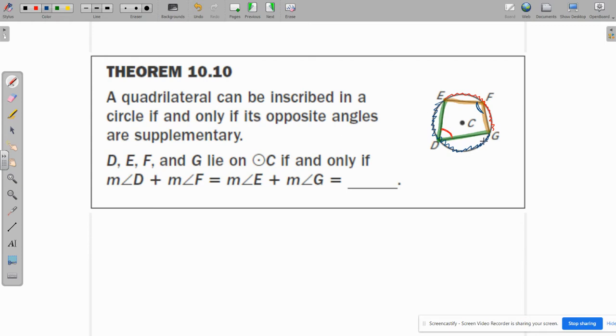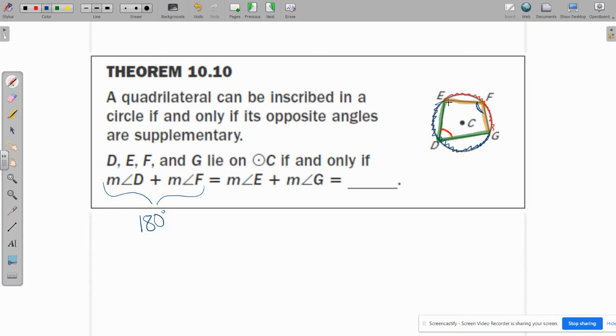arc's measure. Both of these arcs together are 360 degrees. So that means that these two angle measures together should be equal to half of that, or 180 degrees. So these two opposite angles are supplementary. So angle D and angle F, their measures added together are 180 degrees.